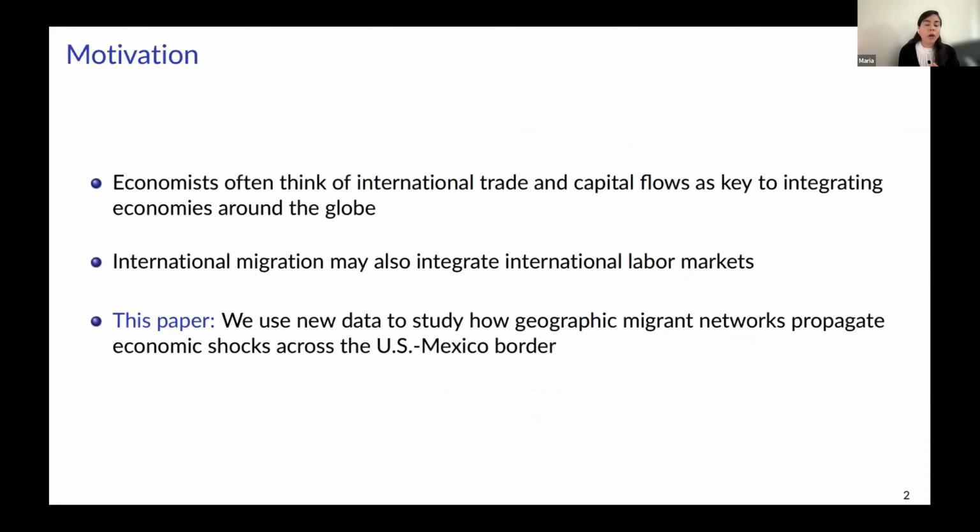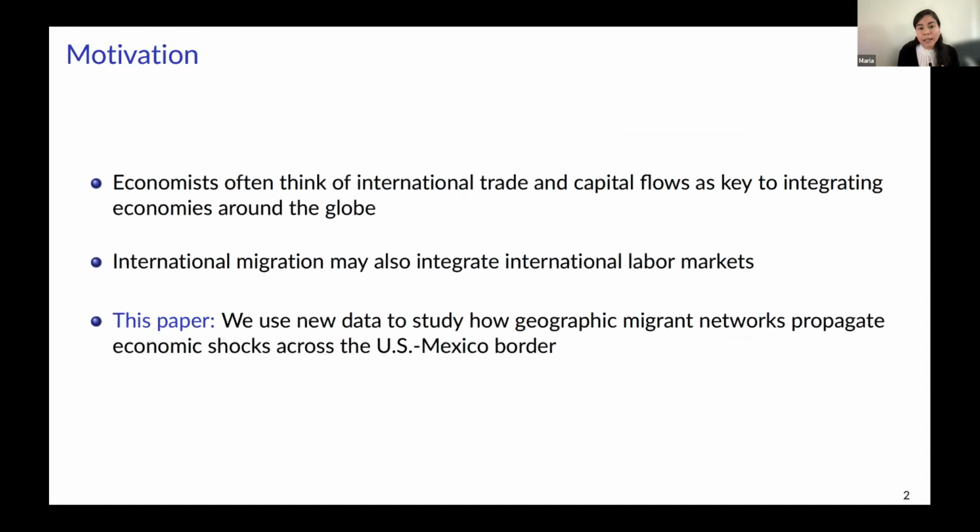So when we think of the integration of economies around the world, we usually think of international trade and capital flows as the key drivers of this integration. Now, international migration might be another channel through which this integration, especially of international labor markets, occurs.